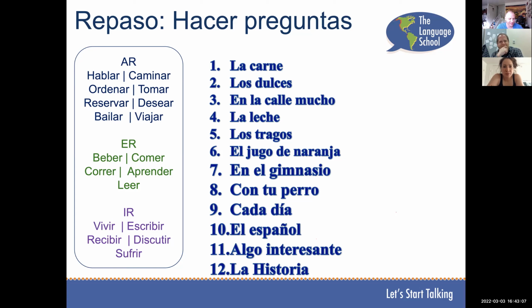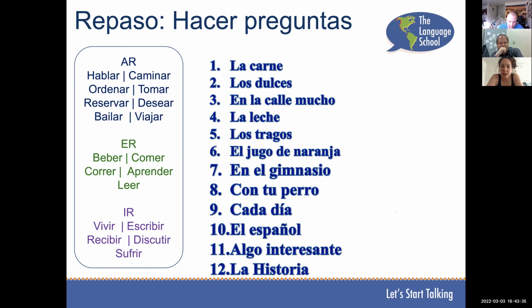That's a better question. No, yo camino en la calle mucho. All right, you did the same thing as earlier. Remember, you need to know right before camino. No camino. No, yo no camino en la calle mucho.